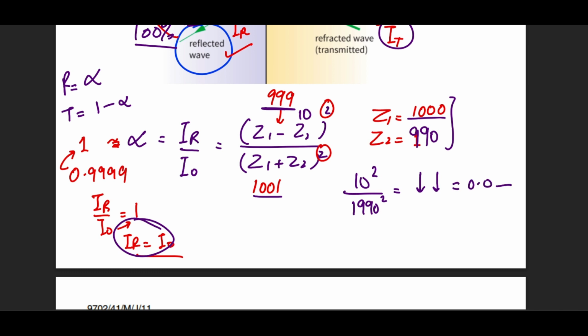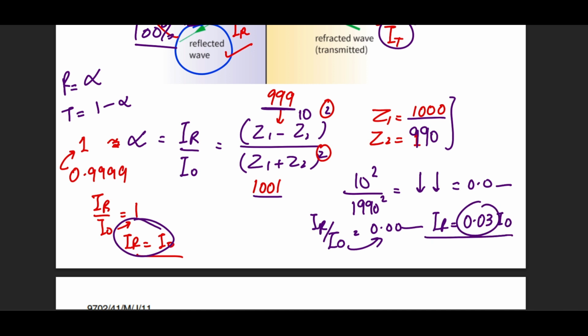What does that mean? It means that IR divided by I naught has become 0.00 something. If you take I naught over there, you realize that IR is now equal to 0.0 something, let's say 0.03 times I naught, which means that only 3% of it was reflected back, and 97% has been transmitted in.